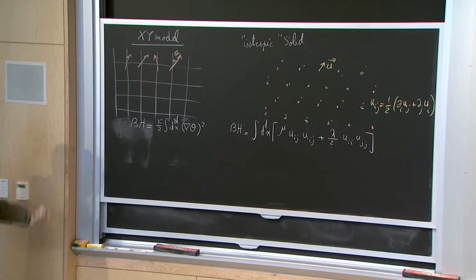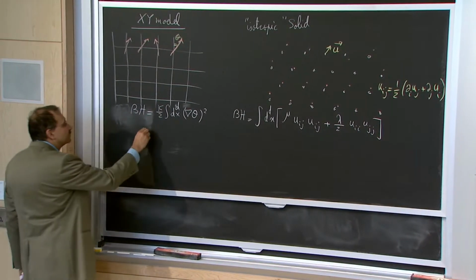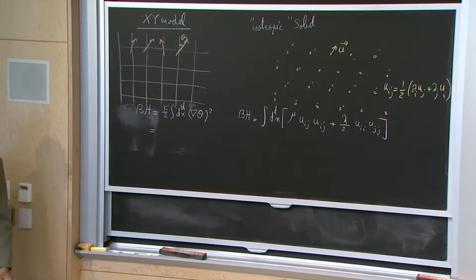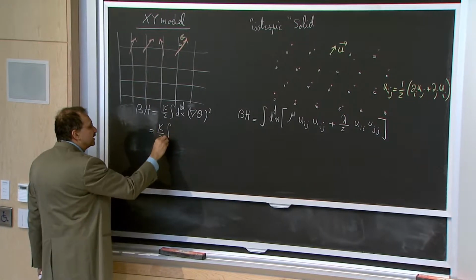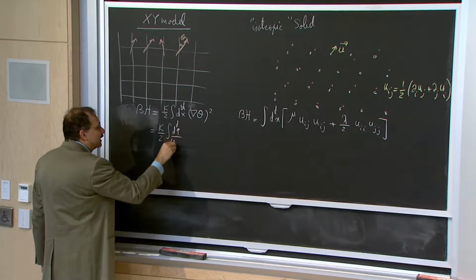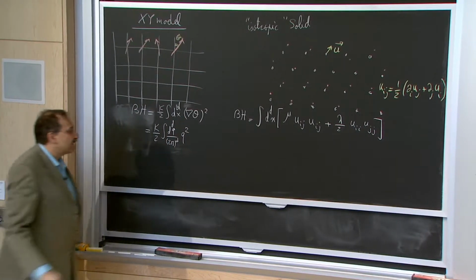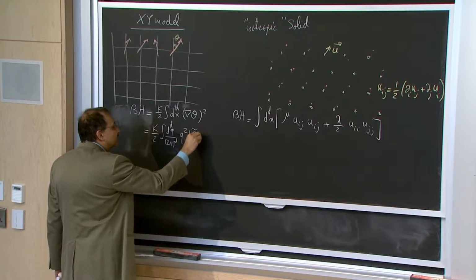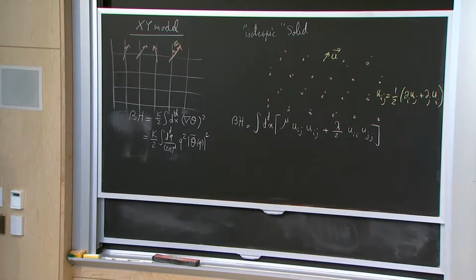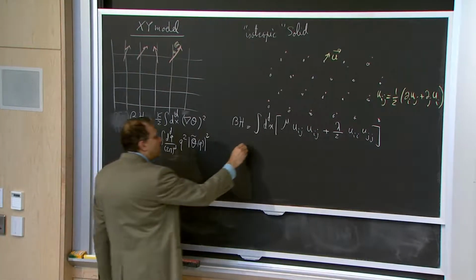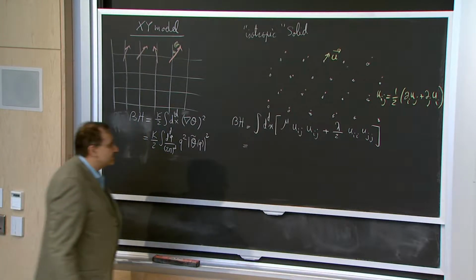then the typical type of calculation that we did for the XY model was to go in terms of the independent spin wave modes. So we go to Fourier space. This becomes an integral d^d q over 2 pi to the d. The derivative here gave q squared. And then I had something like the Fourier transformed theta squared. Now, I can also more clearly represent this in the Fourier description.